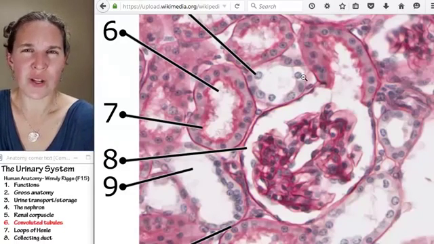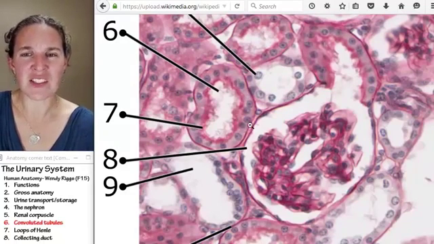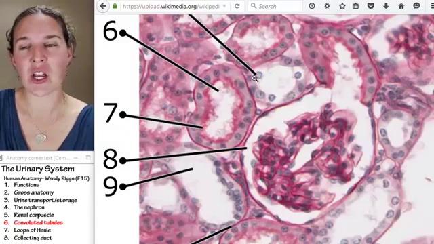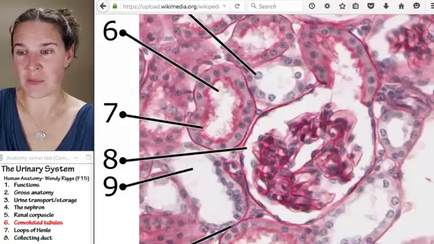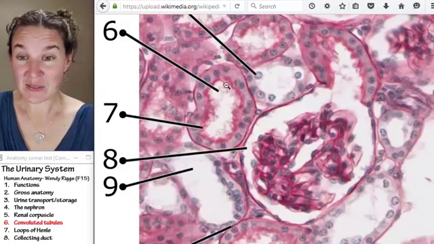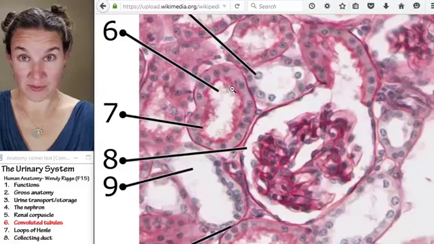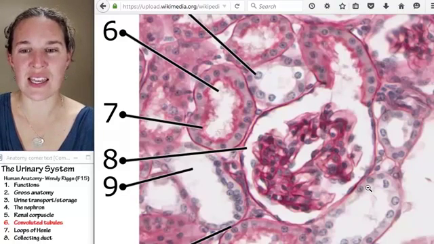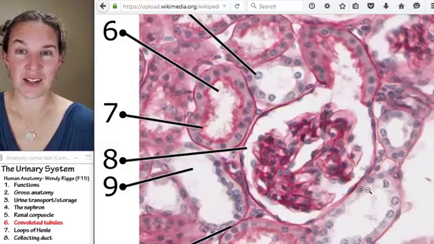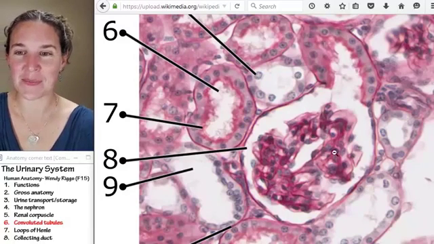These are cuboidal cells. Some of them get a little taller. They kind of maybe lean toward columnar-ish, but for the most part, at least definitely what I'm seeing here, these are cuboidal cells. I totally see distal convoluted tubule and proximal convoluted tubule. Are you ready to hear the difference?